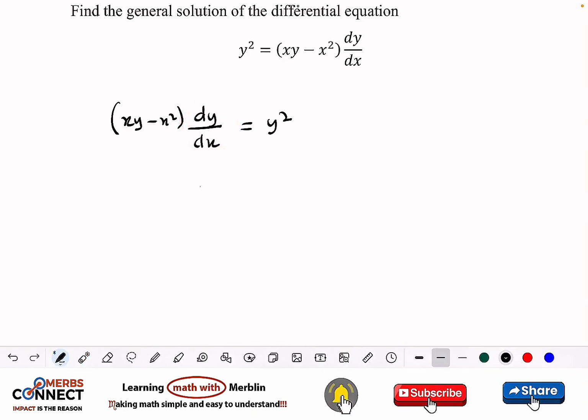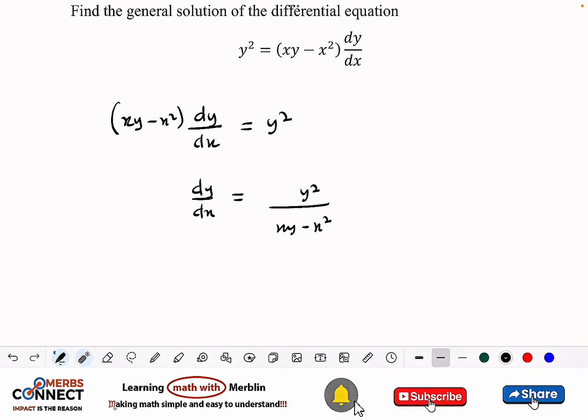So we are going to have dy over dx, which is equal to y squared divided by xy minus x squared. But the question is, is this homogeneous? Yes. Why? Because the degree here is 2, the degree here too is 2, and the degree here is 2, because x is having 1 degree, y is having 1 degree. When you add it, you get 2. So you have 2, 2, 2.